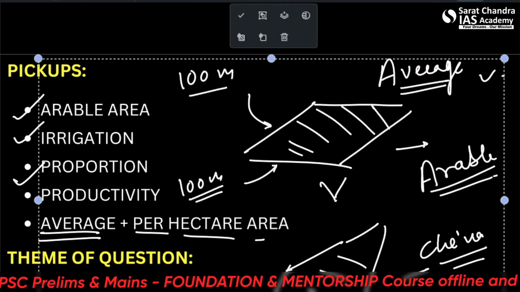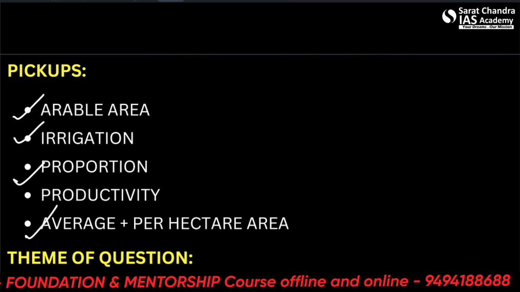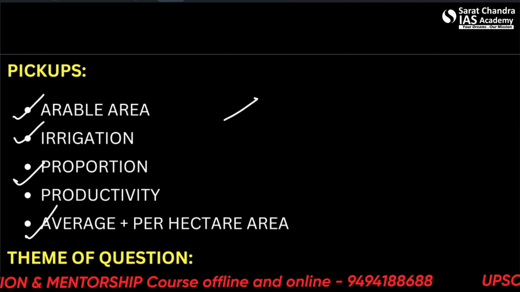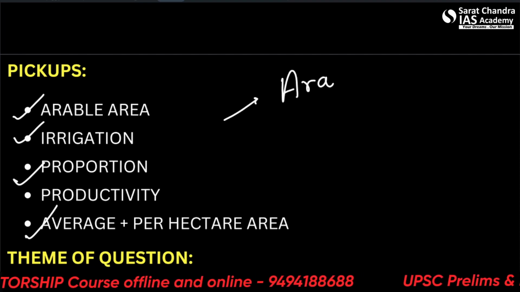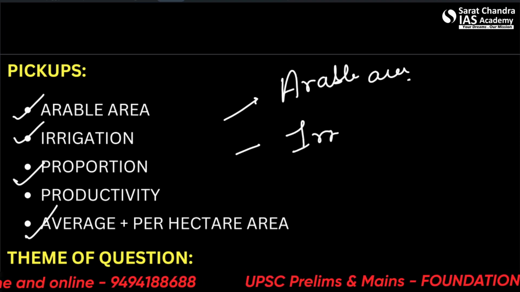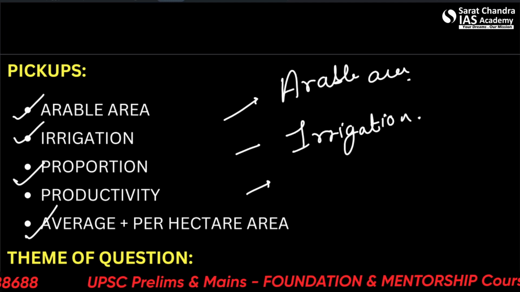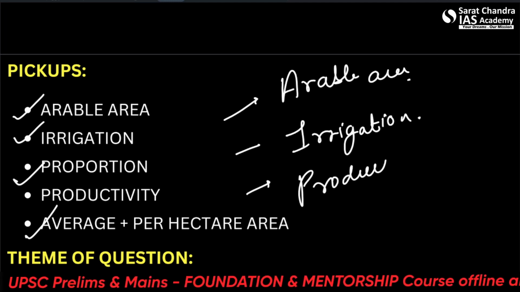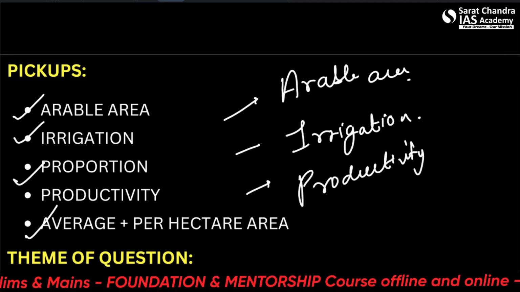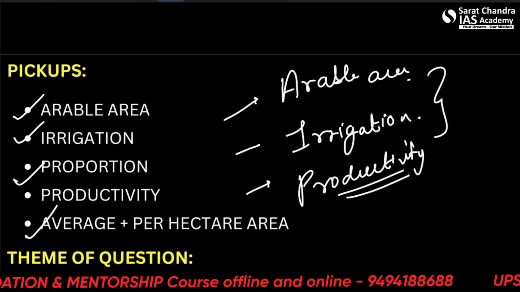So some things might have cleared out even now, right now to you directly. So three things that it discusses are arable area, irrigation, and the third thing is productivity. So almost everything would have been clear to you now if you know a little bit about the economy and agriculture.